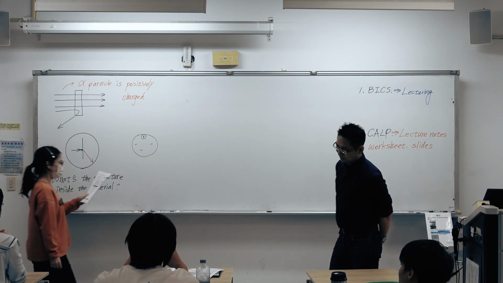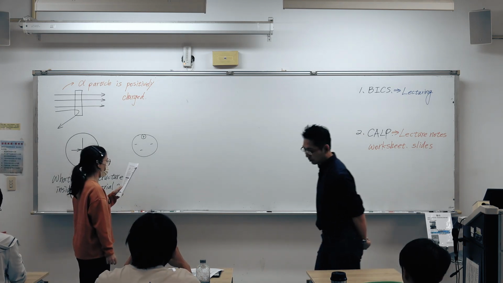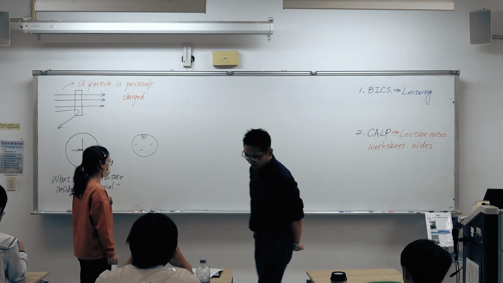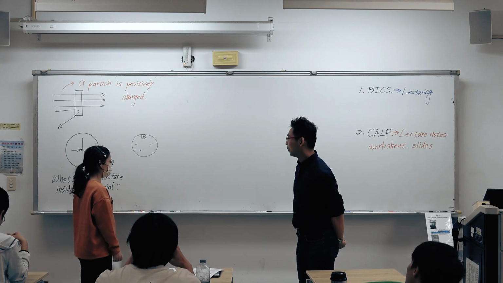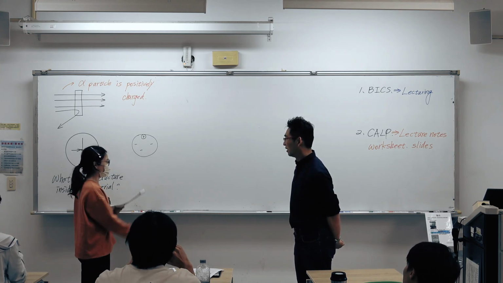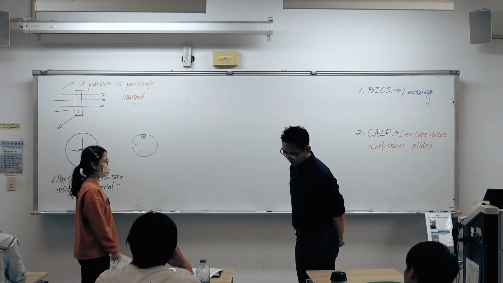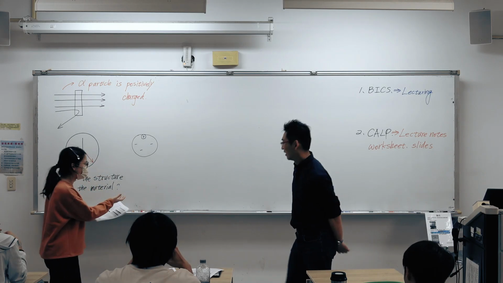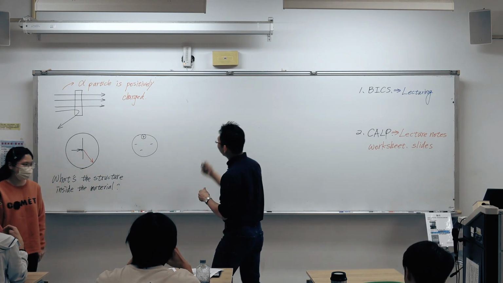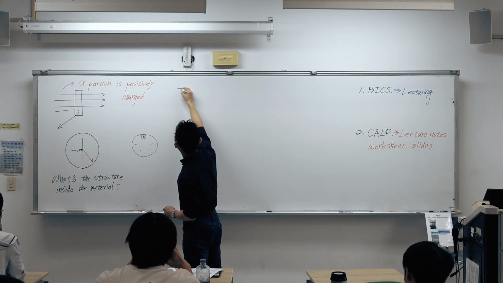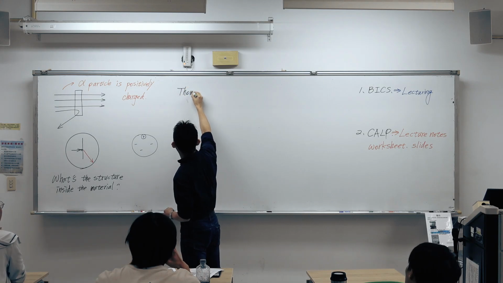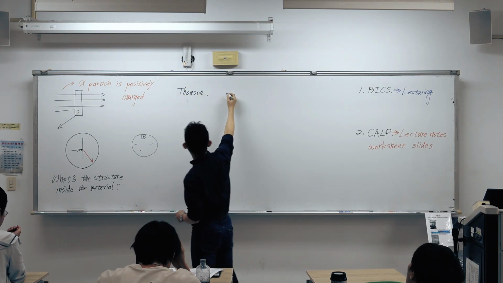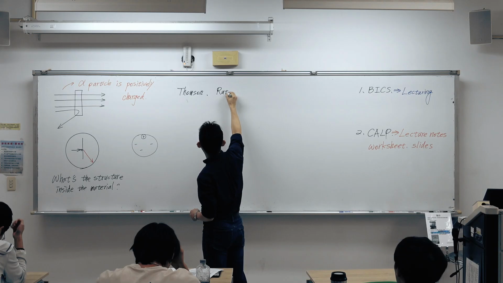Because they have learned the Thomson model and Rutherford model. The Thomson model is one of the choices. Oh, okay. So we got the Thomson model and the Rutherford model.